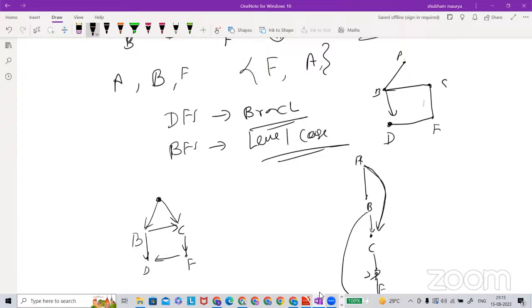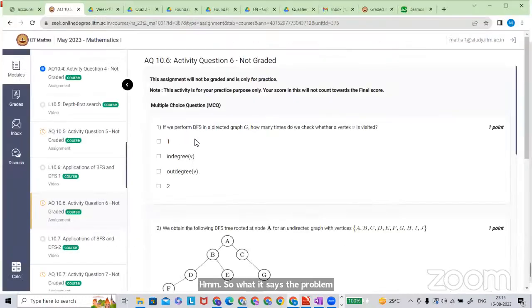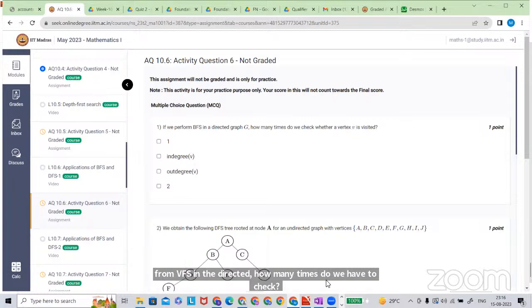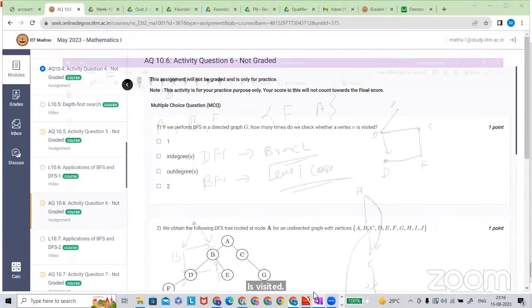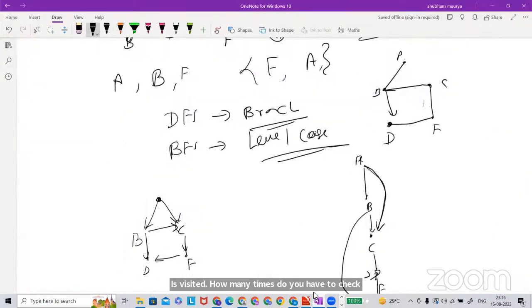Okay. So the problem says, if you perform BFS in the directed graph, how many times do we have to check whether a vertex is visited? Suppose this is the vertex we have. How many times do we have to check if this vertex is visited or not?